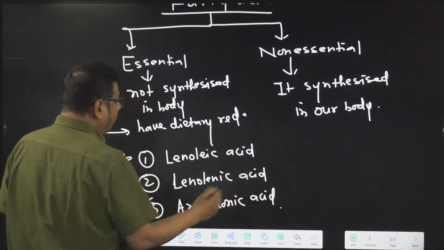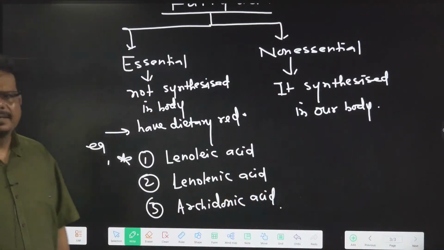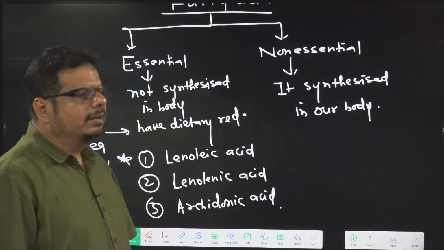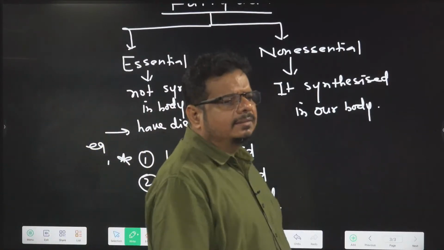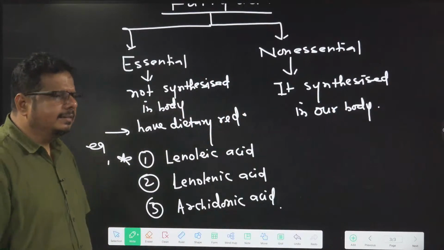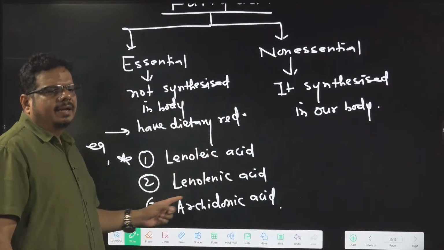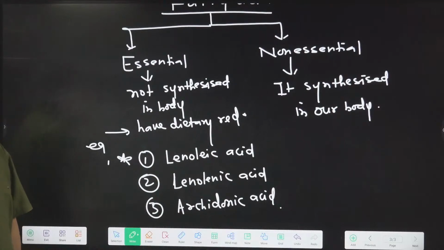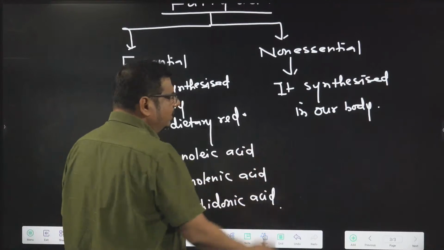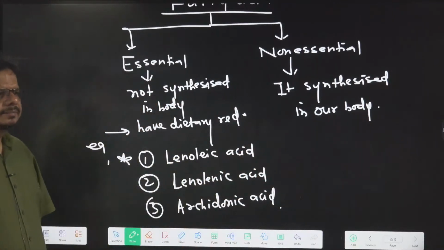So these are basically the essential fatty acid. Who are the essential fatty acid? Linoleic, linolenic, and arachidonic. So these are the essential fatty acid. They require in our diet. They not synthesize in our body.